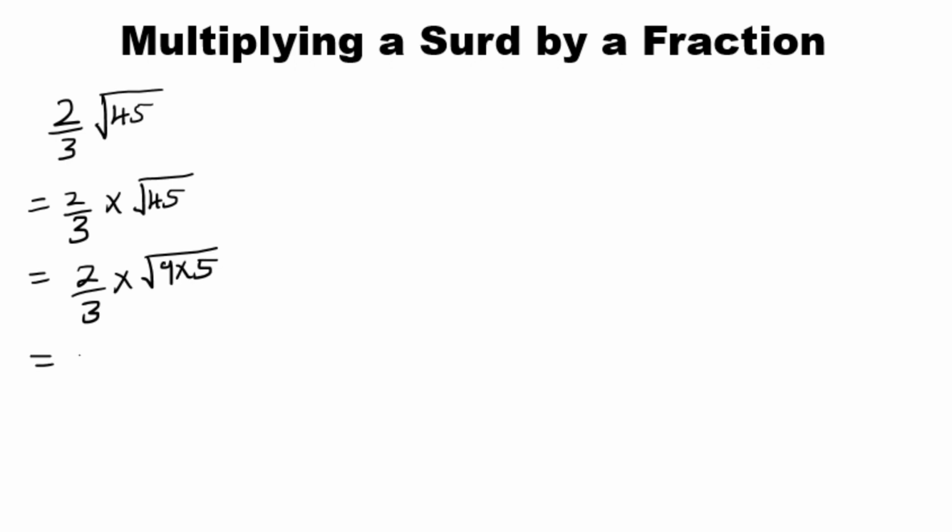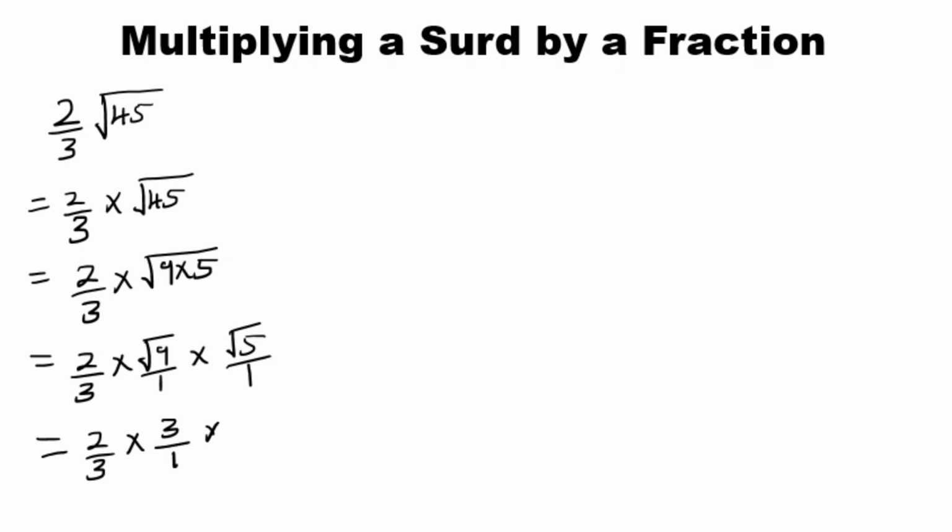Moving on, we have 2 divided by 3 times the square root of 9/1 times the square root of 5/1. We know that the square root of 9 is 3. So this will give us 3 divided by 1 times the square root of 5/1. Okay, so we have common terms here which we can cross out.